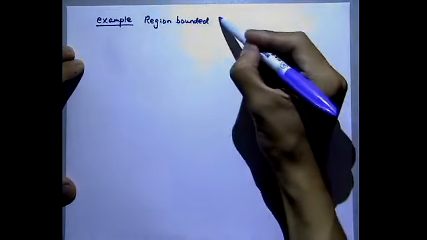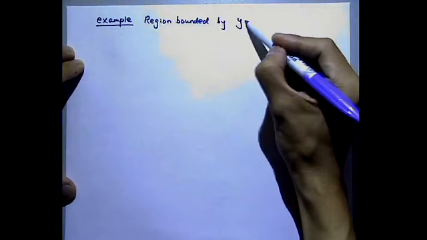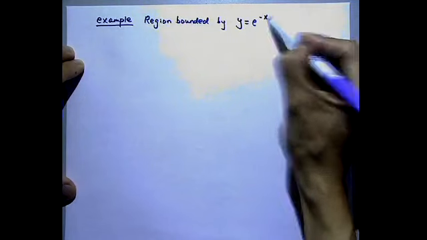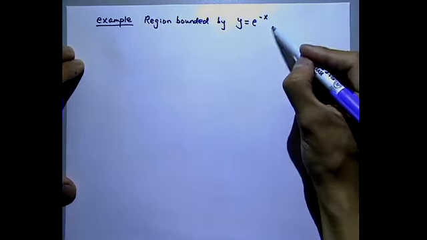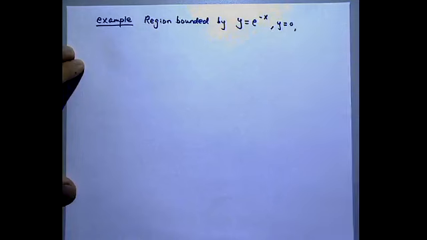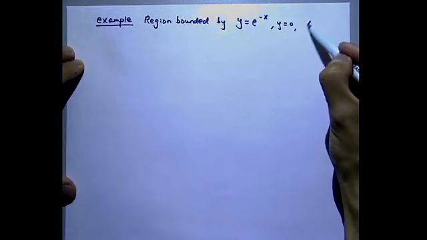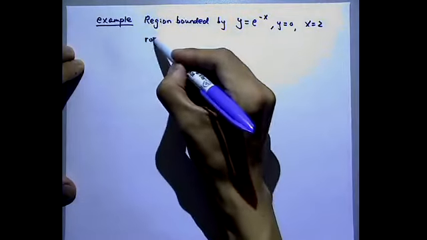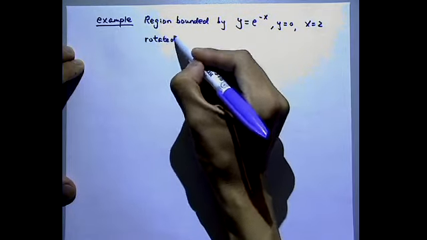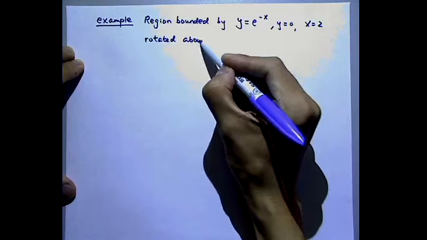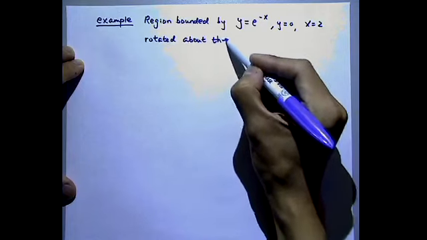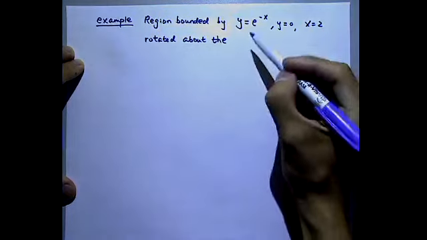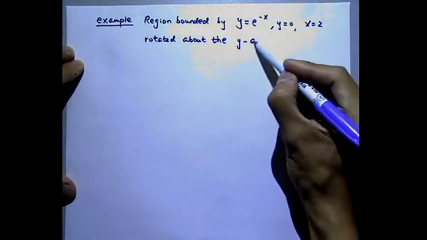All right, so the region is bounded by y is e to the minus x, y equal to 0, x is equal to 2, and we're taking this to go about the y-axis again.